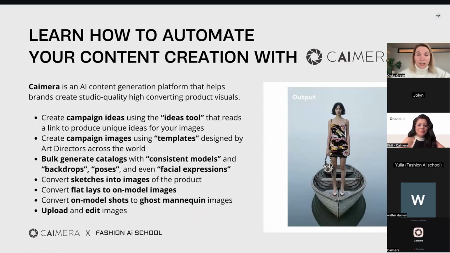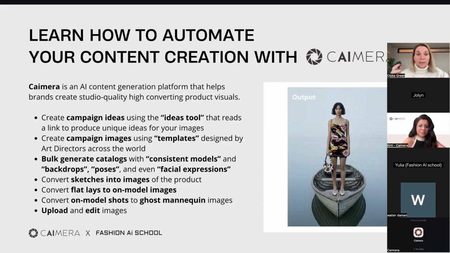So today, in just 1 hour, you will learn how to automate your content creation with amazing startup Caimera. Caimera is an AI content generation platform that helps brands create studio quality, high conversion product visuals. Create campaign ideas using the ideas tool that reads a link to produce unique ideas for your images.